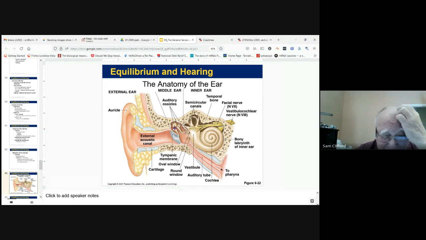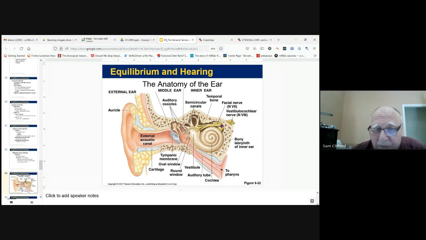These bones amplify the sound. That sound becomes waves within the cochlea, and we hear based upon the vibration along the nerves connected in the length of the cochlea. We have semicircular canals.